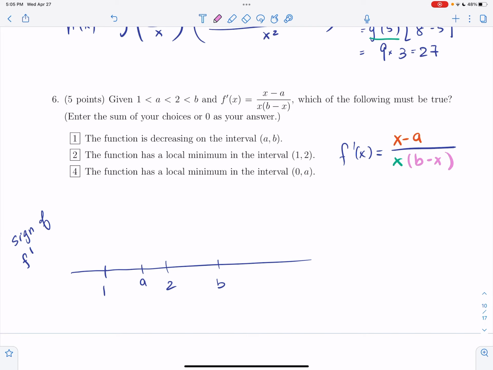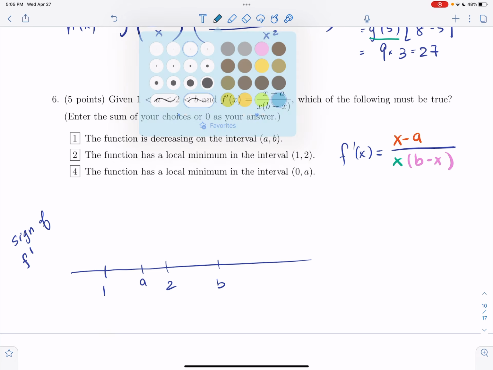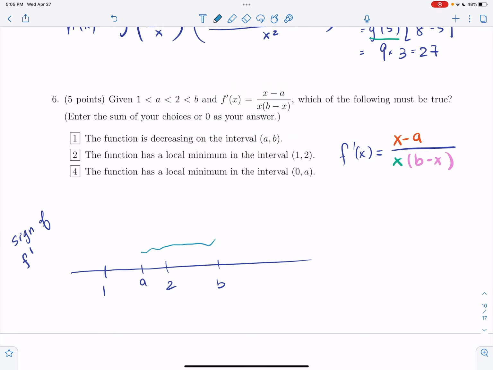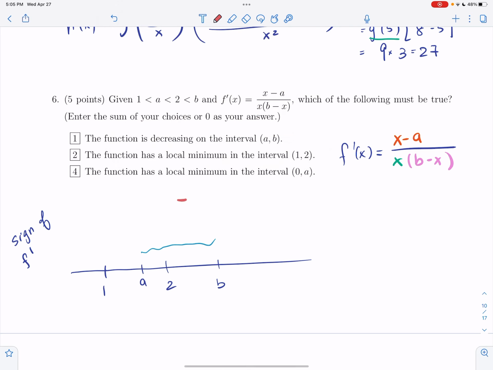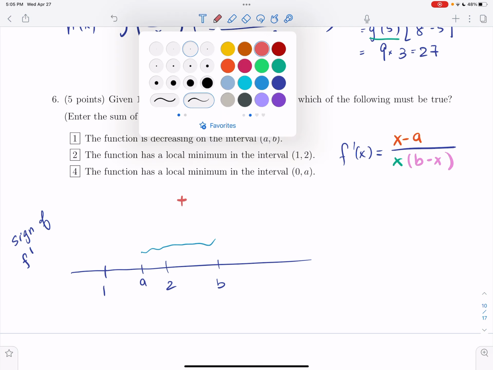All right, well, let's take a look. If you have an x in here, what's going to happen? X minus A, the numerator will be positive, correct?